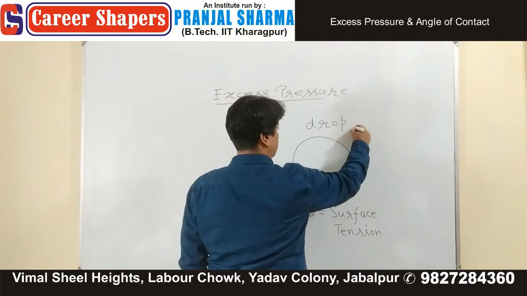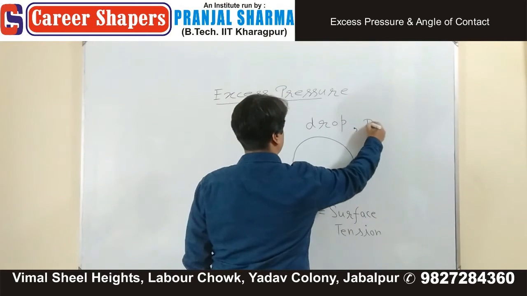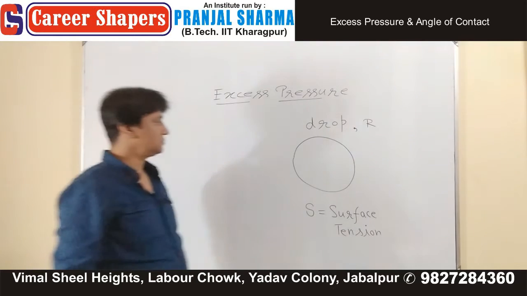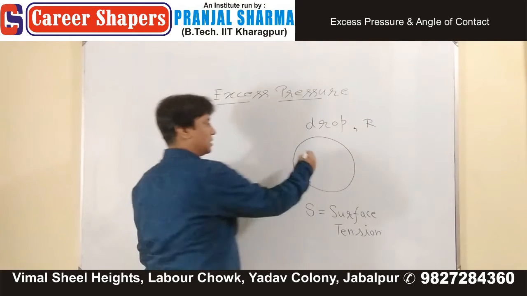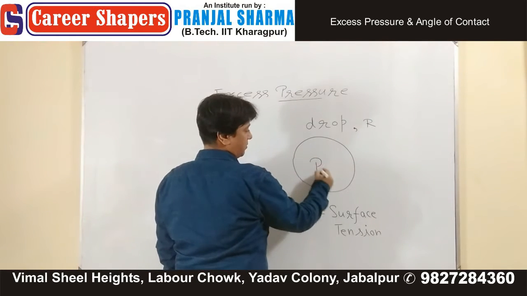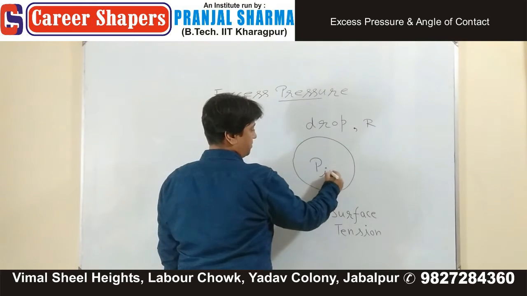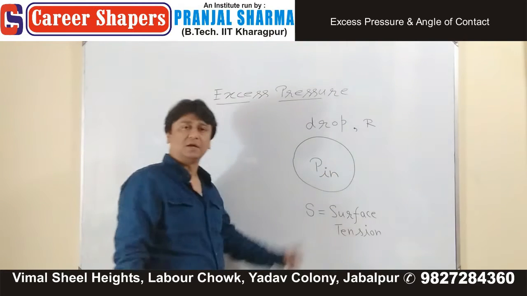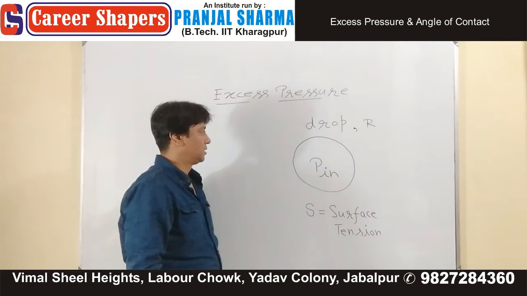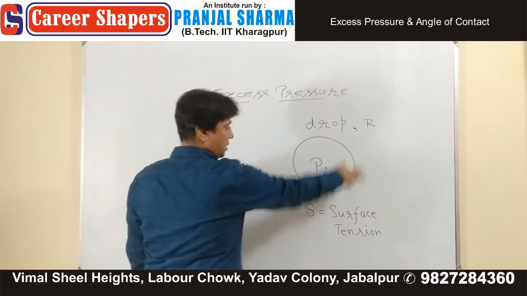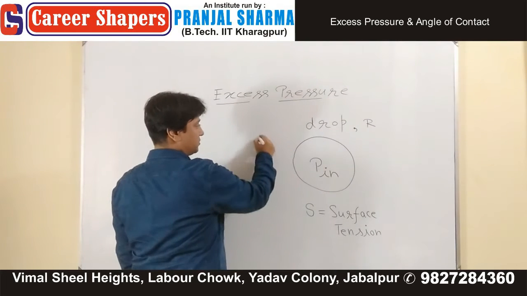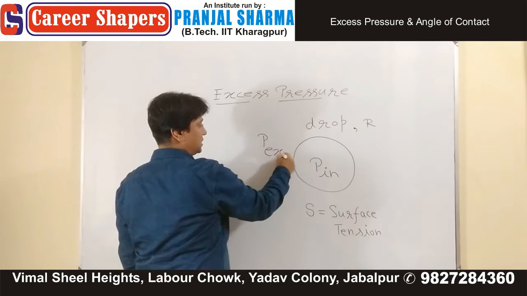Radius of this drop is R. Inside the drop, pressure is P internal, and in the outside region, pressure is P external.